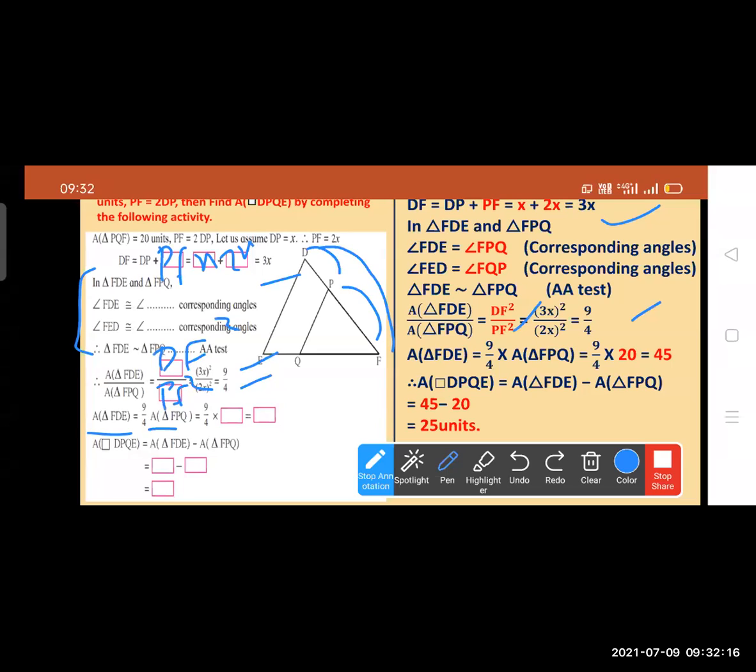They have given 20, so here we write 20. 4 fives are 20, 9 fives are 45. Then the area of triangle FDE minus the area of triangle FPQ: 45 minus 20 is equal to 25. So in this way, we solve the following activity.